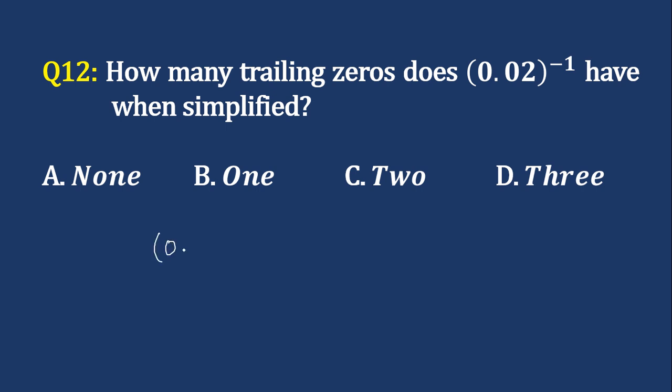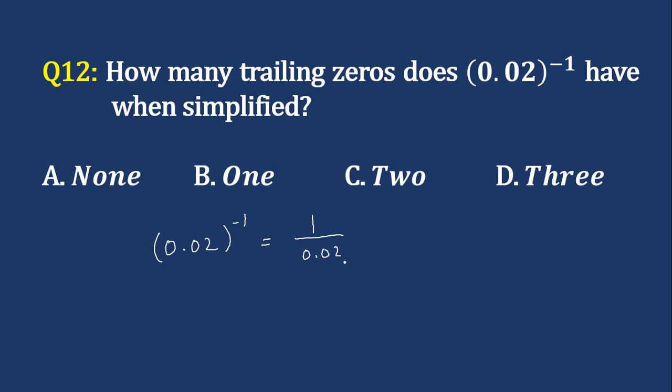We have 0.02 raised to negative 1. Take note by the laws of exponents, this one is the same as 1 over 0.02. Now, you can easily divide this using your calculator, but I will just show you the manual procedure of solving this.